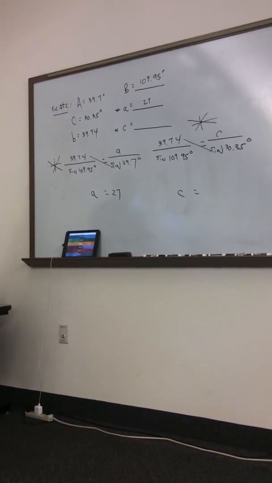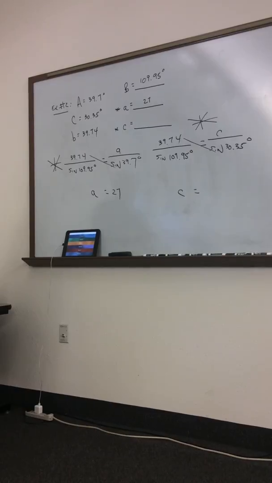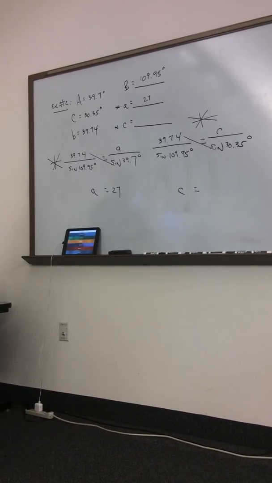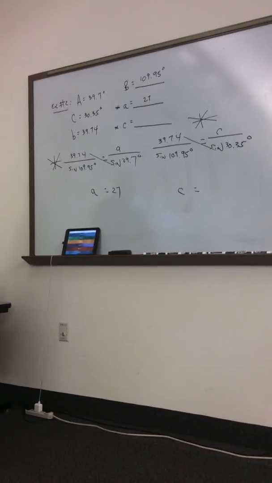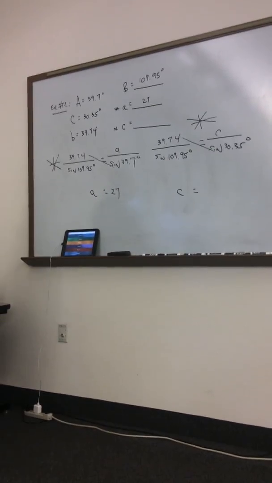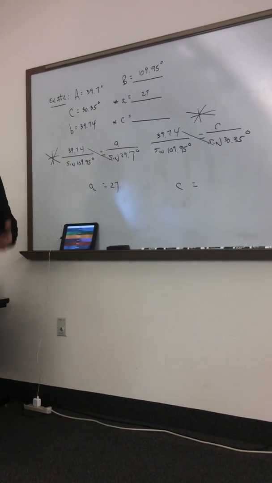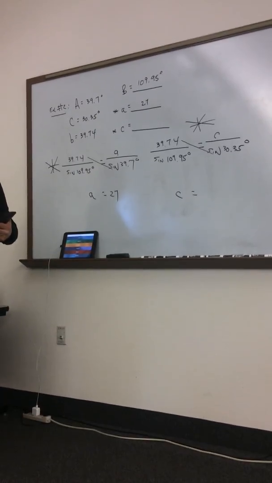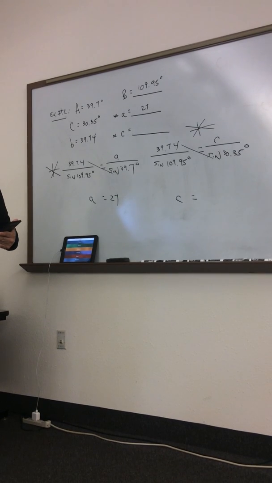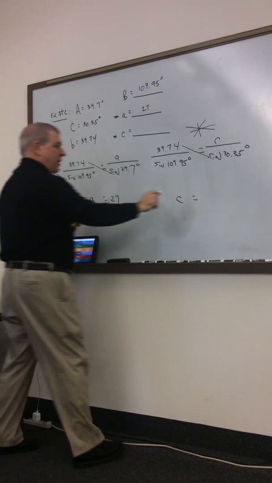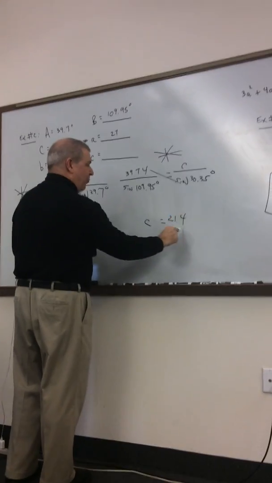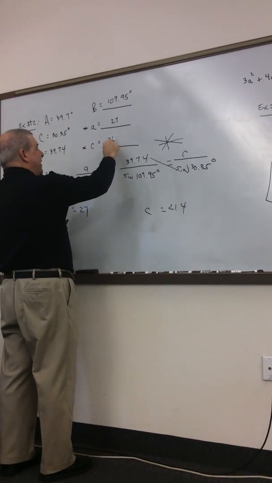Sine of 30.35 times 39.74 divided by sine of 109.95. What do you get? Andrew. Round it to the nearest tenth, Andrew. 21.4. 21.36 something, so 21.4.